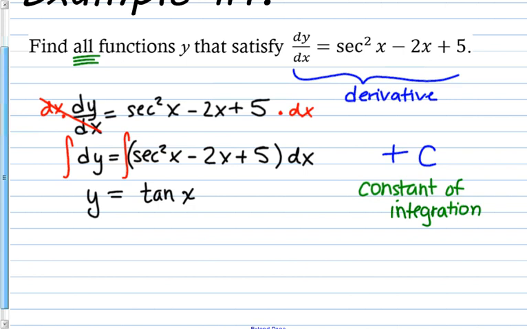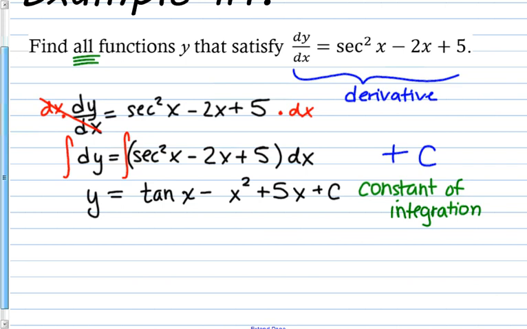Minus 2x, so minus, and then 2x becomes x squared, but then I would divide by 2, so it cancels the 2 that was already there. And then plus 5, but 5 becomes 5x. And because I'm not sure if there was or wasn't a constant at the end, I'm going to write plus c. So this is my antiderivative, my integral. I integrated.